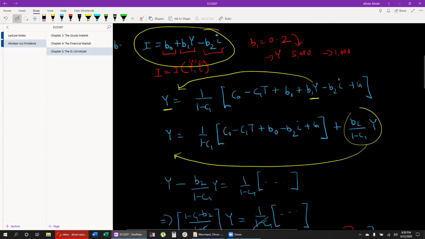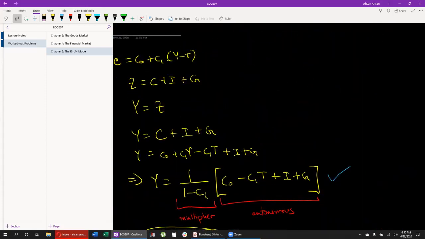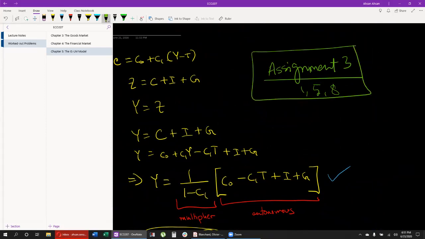The assignment. So we have assignment 3, which is from chapter 5. You guys will have to do number 1, number 5, and number 8. And of course, this is due on lecture 8.